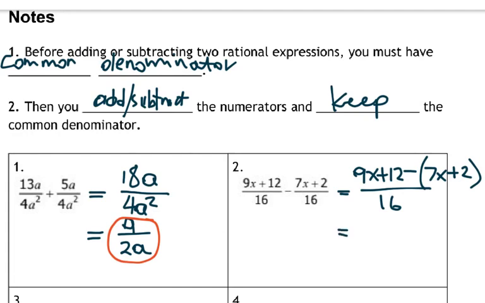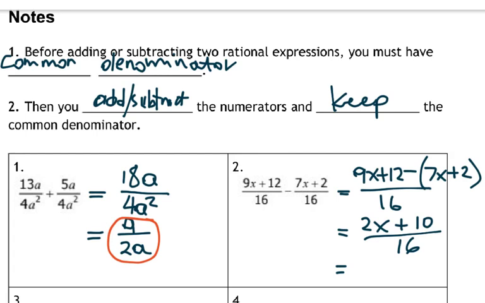After that, we're going to subtract like terms, so 9x minus 7x will give me 2x, and 12 minus 2 will give me 10 over 16. And again, look for the common factors.